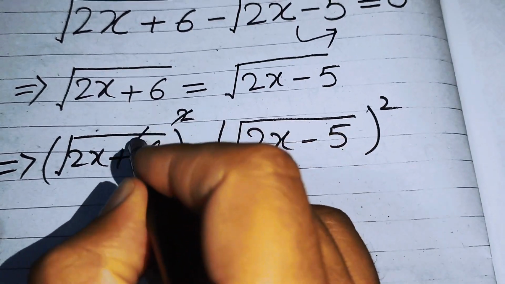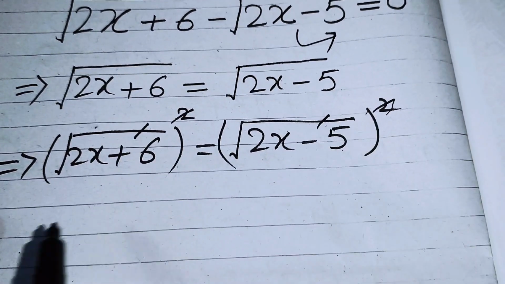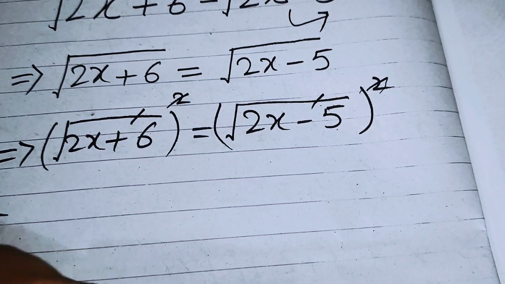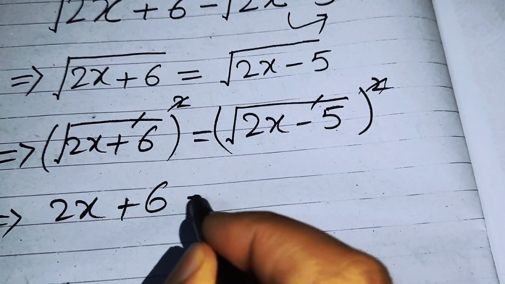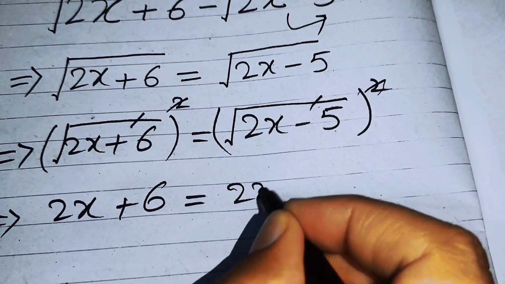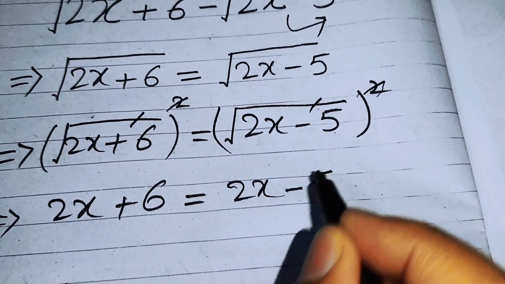So this square is cancelled out by the square root, and here we get 2x plus 6 is equal to 2x minus 5.